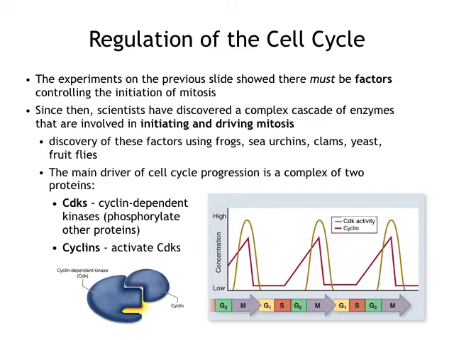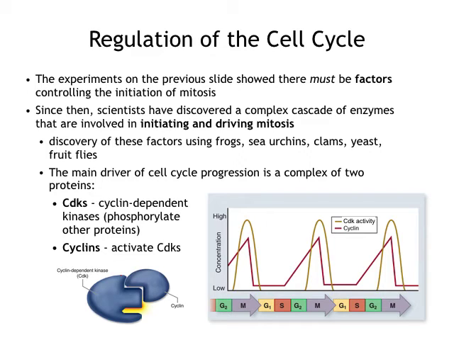the activity of CDKs, which are enzymes that phosphorylate other proteins, turns on at the peak of cyclin levels. So you see that as the concentration of cyclins peaks, the red bar, then the CDK activity turns on.